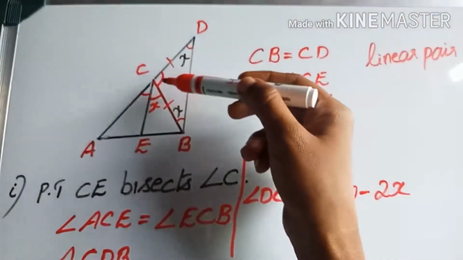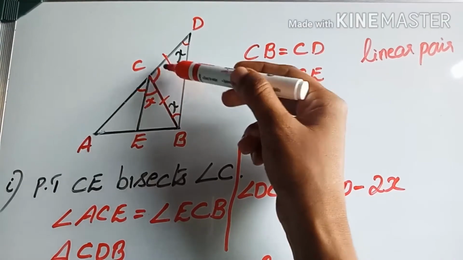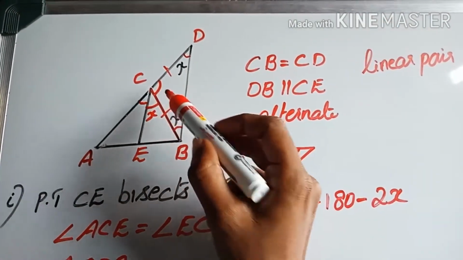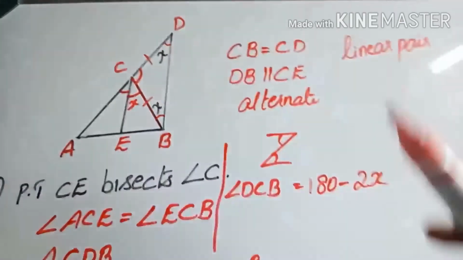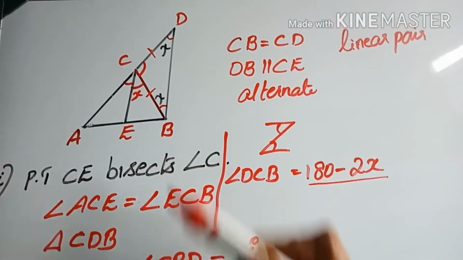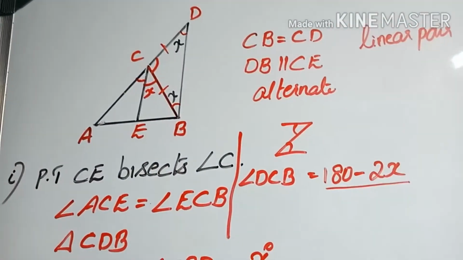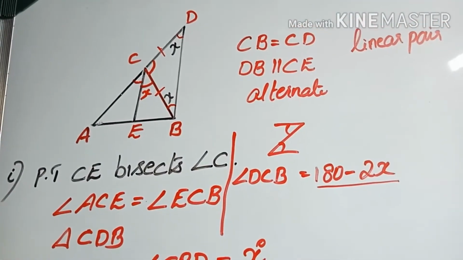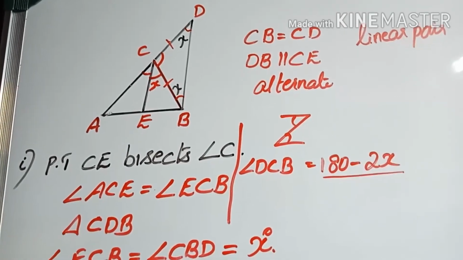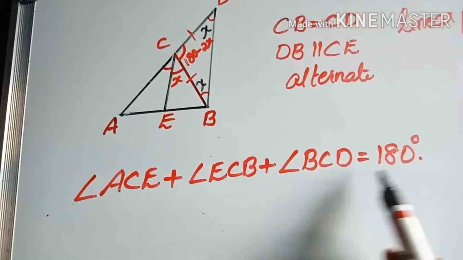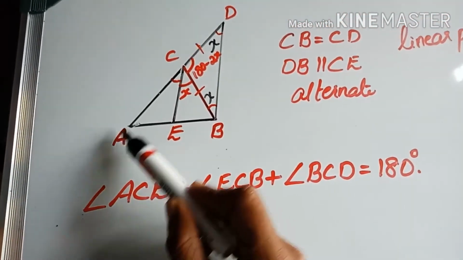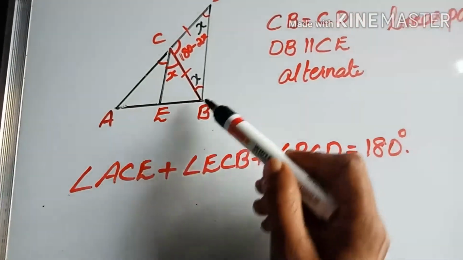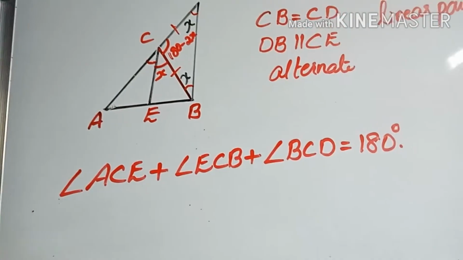So here in this line we have three angles, and all these three sums must be 180 degrees. In these three angles we know two angles: angle C as 180 minus 2x and this angle as x degrees. So in order to get the third one, let's add all these. Linear pair, just apply. Angle ACE plus angle ECB plus angle BCD, total will be 180 degrees.